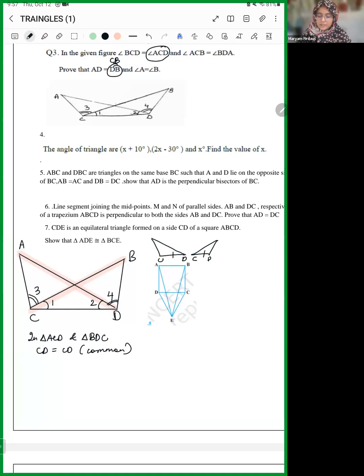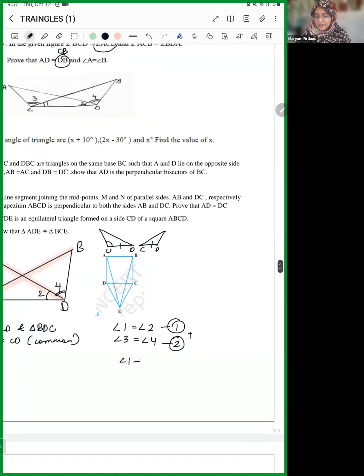These two are equal. Then see, angle 1 is equal to angle 2, and angle 3 is equal to angle 4. So this is equation number 1, this is equation number 2. When you add these two equations, you get angle 1 plus angle 3 is equal to angle 2 plus angle 4.